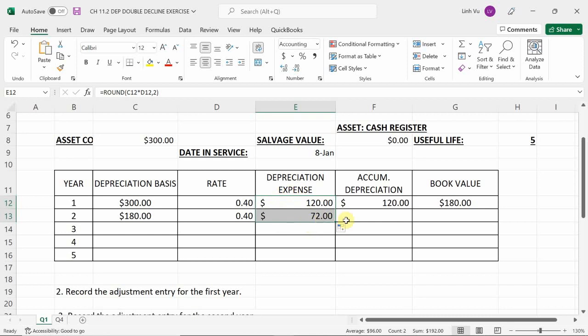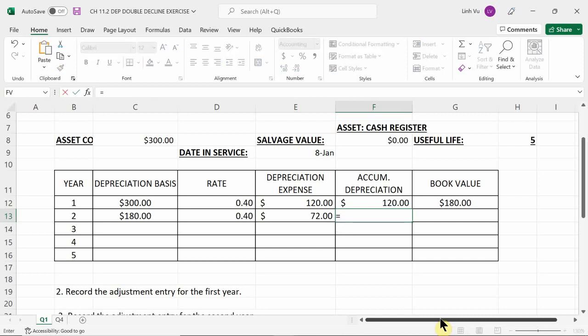So therefore, what is my grand total of depreciation I've collected so far? So what's your previous year's accumulated depreciation?